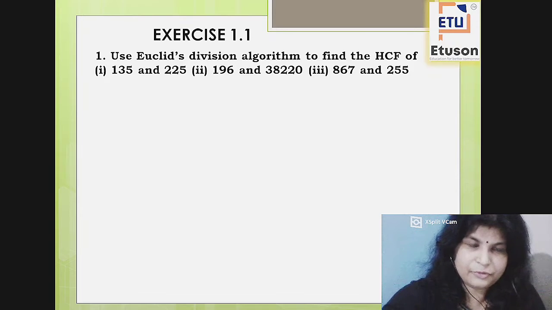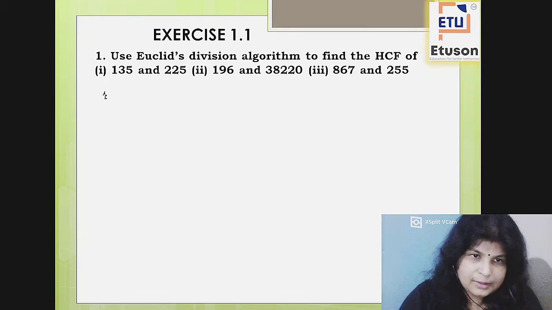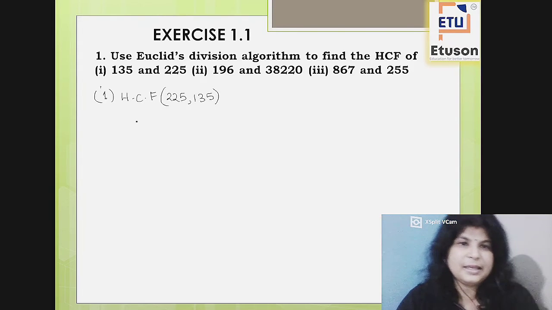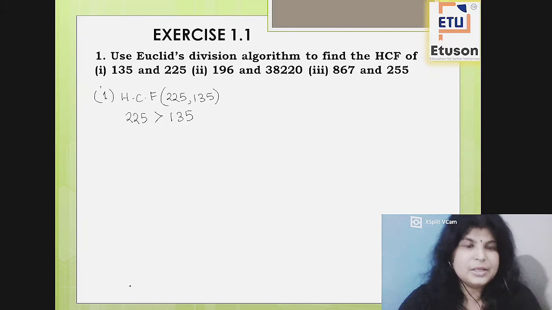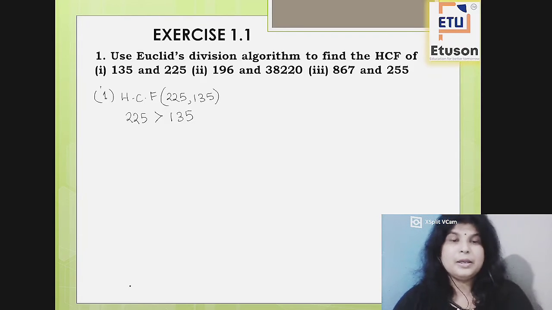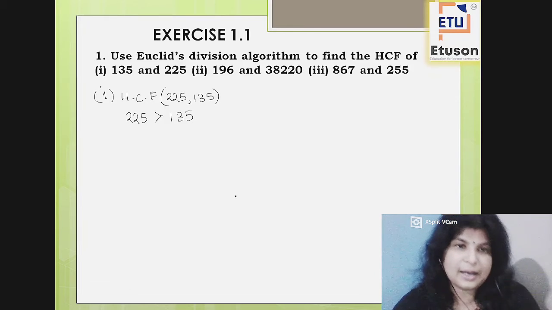We will take the first one, where we have to find the HCF of 135 and 225. As you can see here, 225 is greater than 135, so you can express 225 in the form bq plus r.